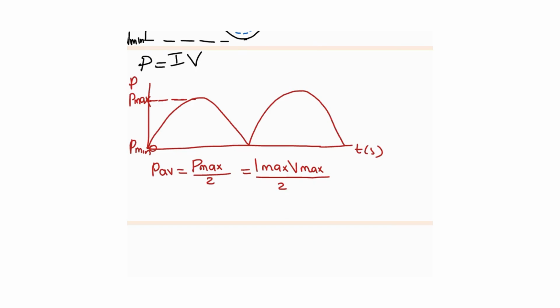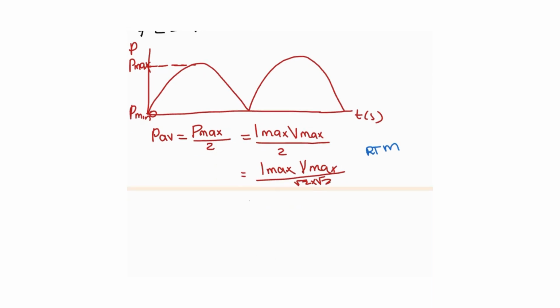And now I'm going to bring in a new term, which we call root mean square. With root mean square, I know that I'm still keeping my I max and my V max. I can replace 2 with square root of 2 times square root of 2. Please plug square root of 2 times square root of 2 on your calculator. That should give you 2.